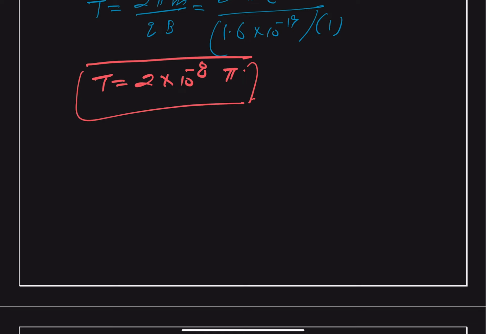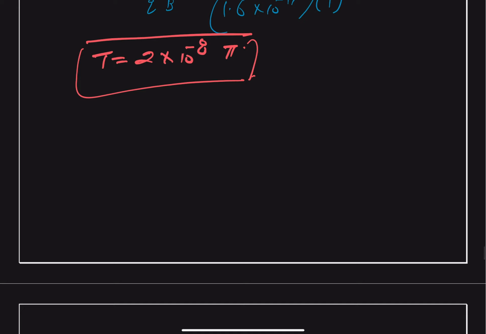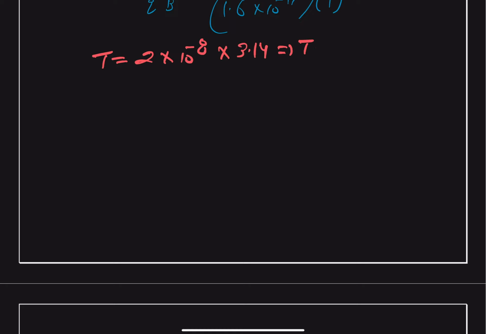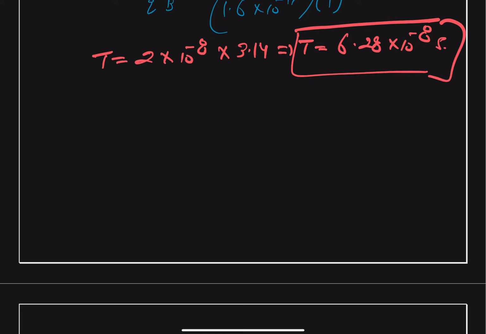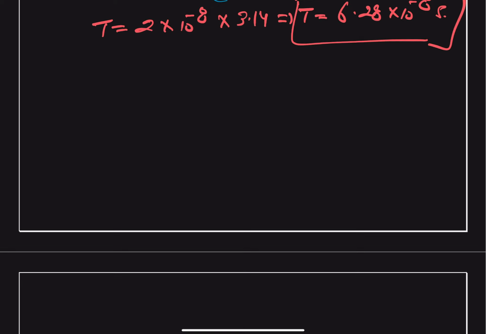Let me solve it completely, with pi as 3.14, giving us a time of 6.28 into 10 to the power minus 8 seconds. So this is the time for the complete circle.